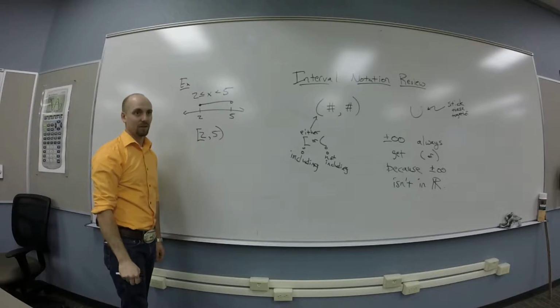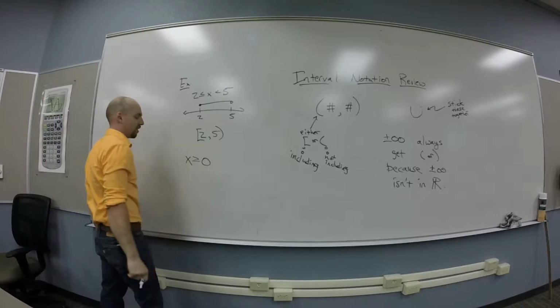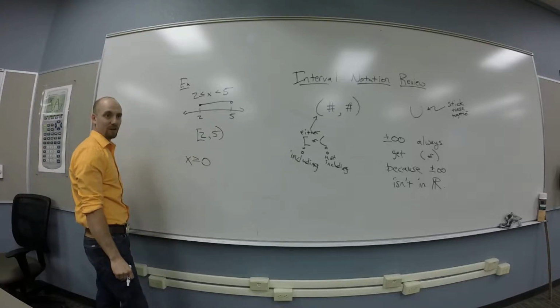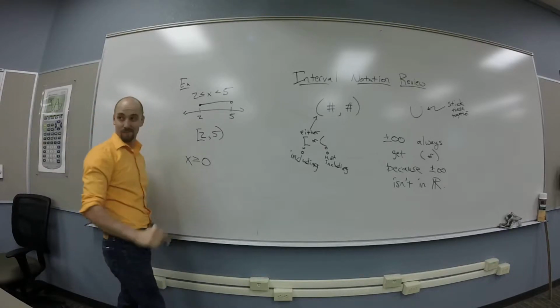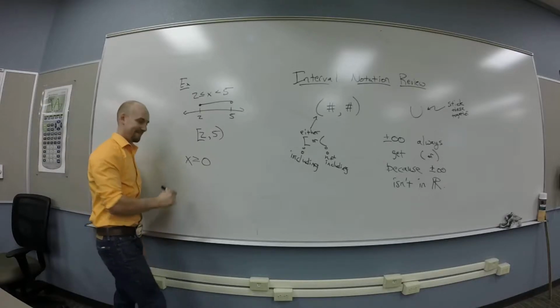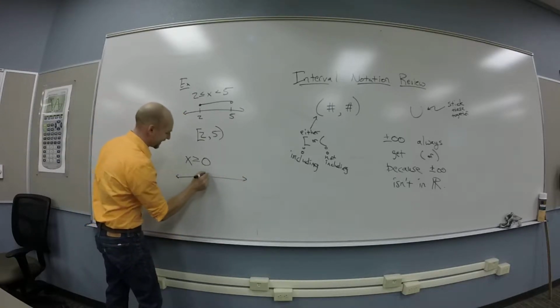So if I wanted to write x is bigger than or equal to 0 as an interval, how would I write that? Maybe I should draw the number line on these.